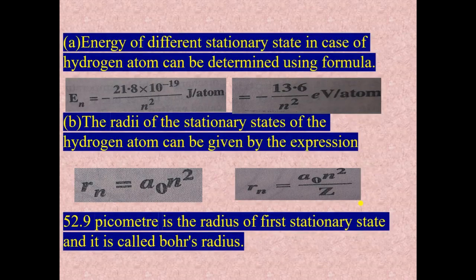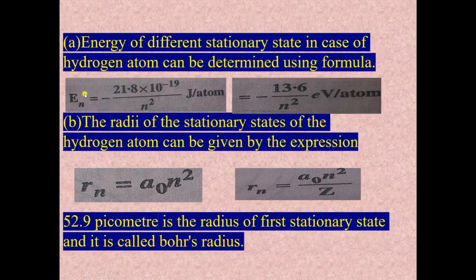Okay, now the energy of each orbit can be determined using the formula En is equal to minus 21.8 into 10 to the power minus 19 divided by n square joule per atom. Or you can write it in this way, 2.18 into 10 to the power minus 18 divided by n square.